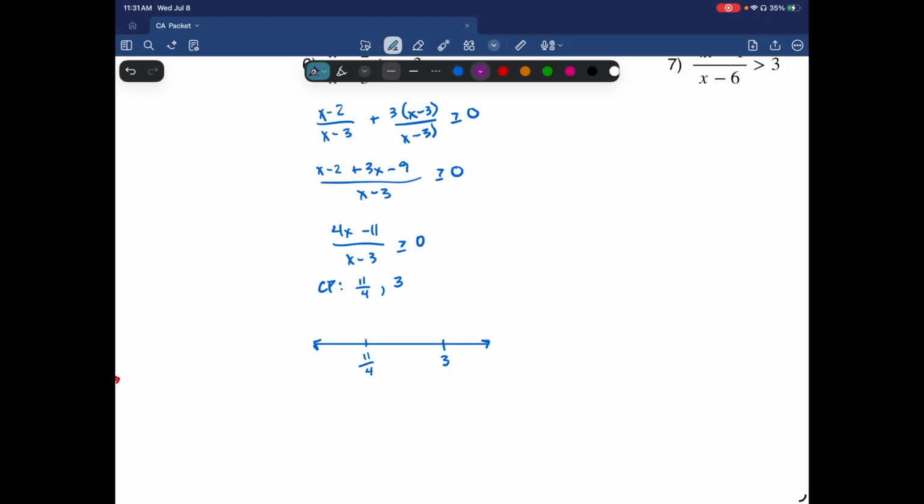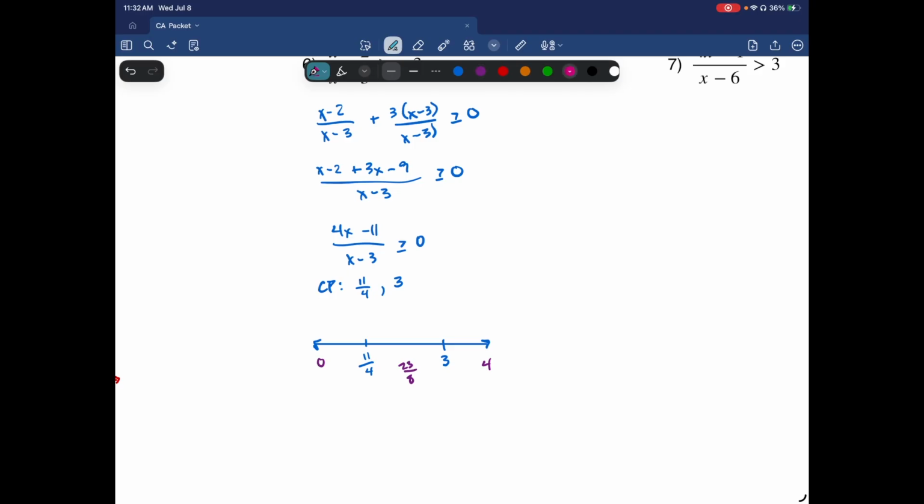All right, so let's pick 0. I'll pick 4 over here, and using my calculator, I found that 23 over 8 is between 11 over 4 and 3. So we'll test each of those and see which one gives me what sign.